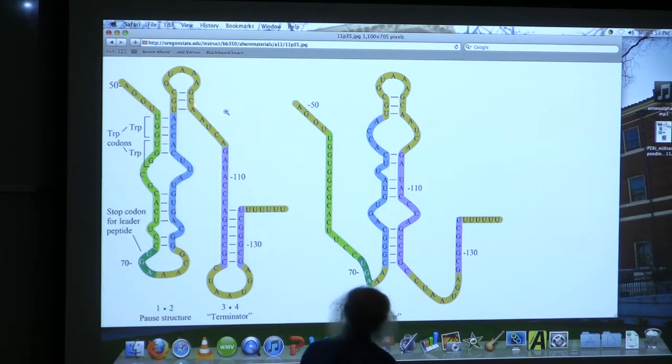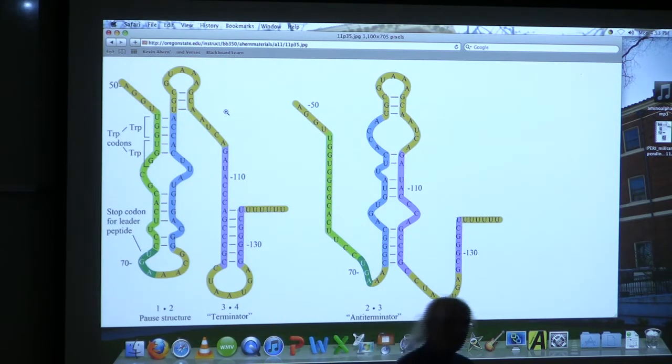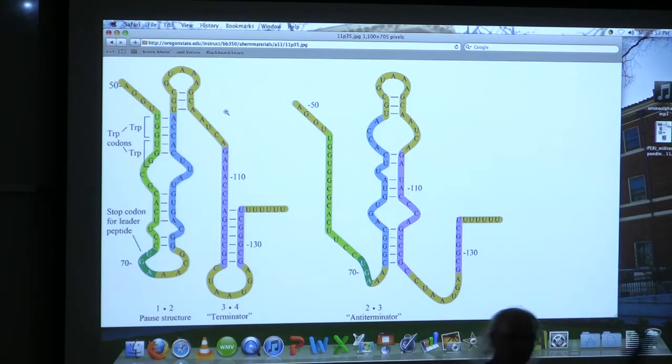Well, the way it does it is it uses the ribosome as a barometer of the amount of tryptophan in the cell. What's a barometer do? It tells us when the pressure is high and low. It tells us that changing environment, right? So the changing environment of high and low here is high levels of tryptophan or low levels of tryptophan. That's the barometer that the ribosome is providing. How is the ribosome providing it?